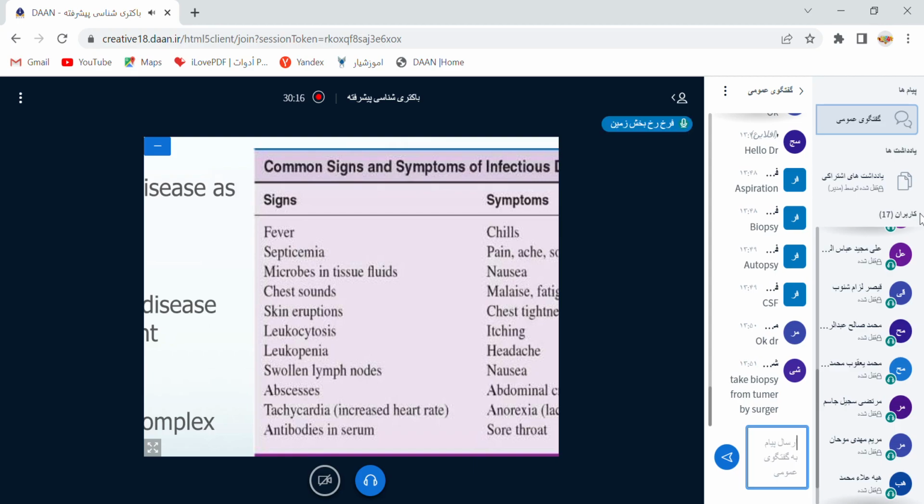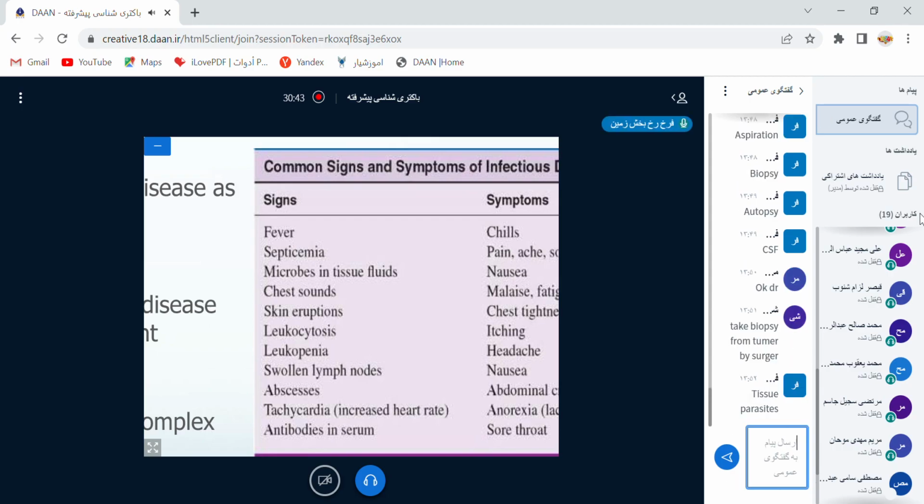Take biopsy from tumor by surgery. Yes, one biopsy is done for tumor, but it is not only for tumor, because sometimes there are tissue parasites. So how can we find them?